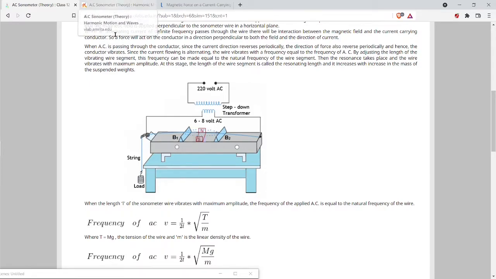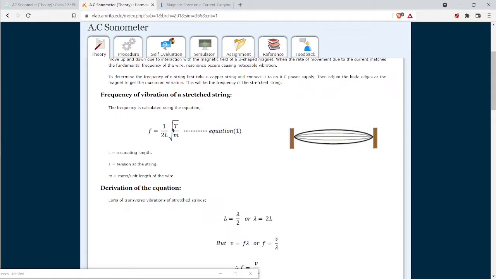This is mg in our case, and this is T. Now this L is nothing but the length of the stretched string, and this m is the mass per unit length of the wire.